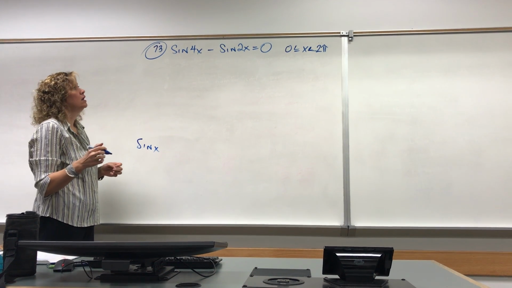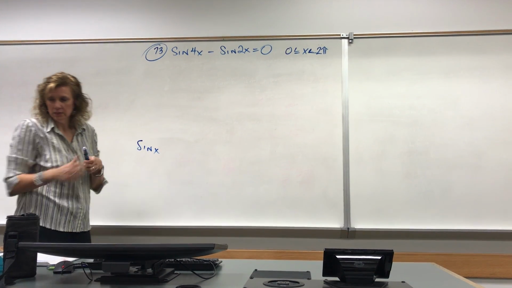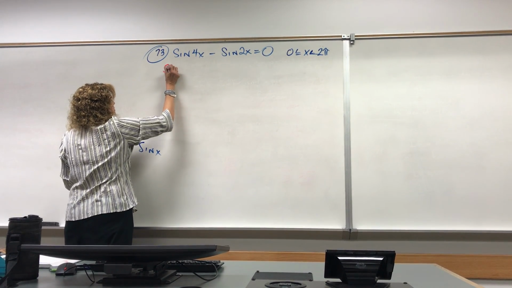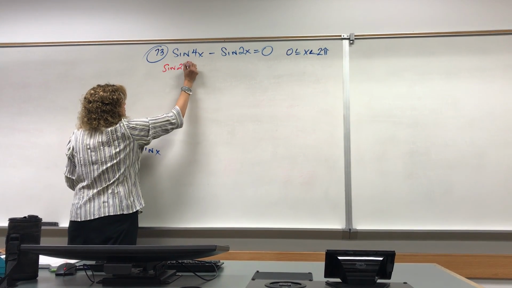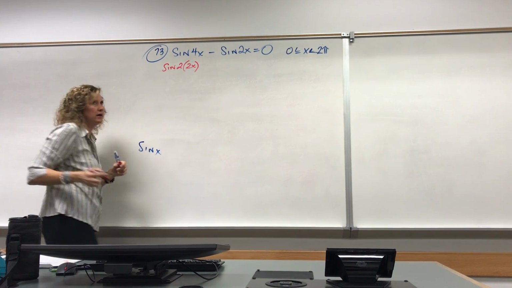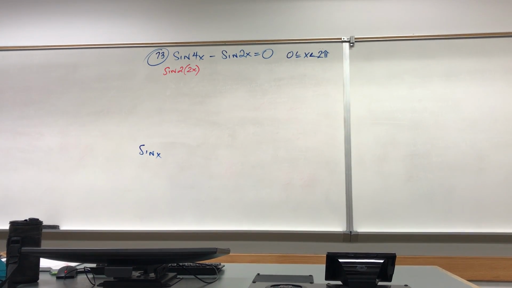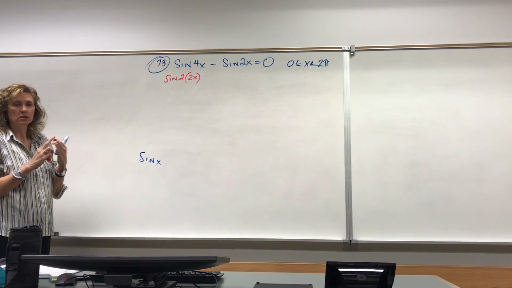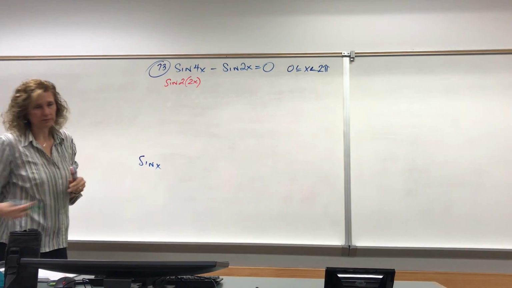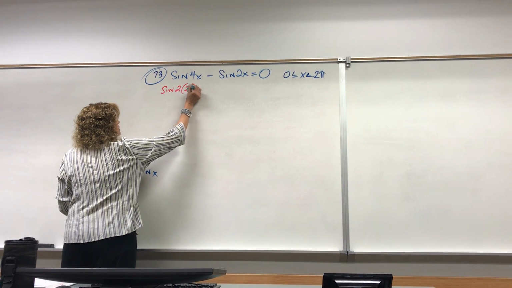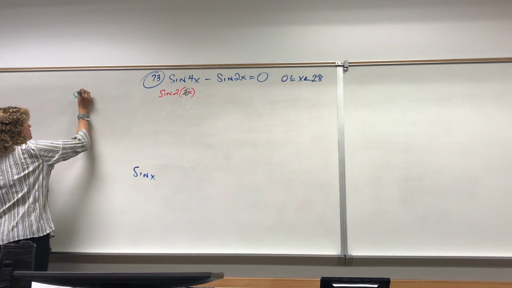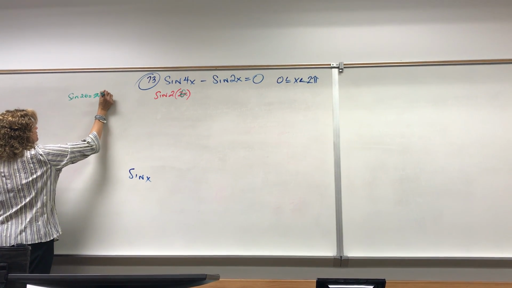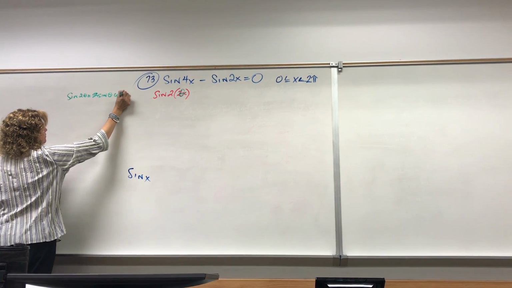But what we can do is say to ourselves, instead of sine 4x, this is the sine of 2 times 2x. So now this is like my theta. So we have the sine of 2 theta is 2 sine theta cosine theta.